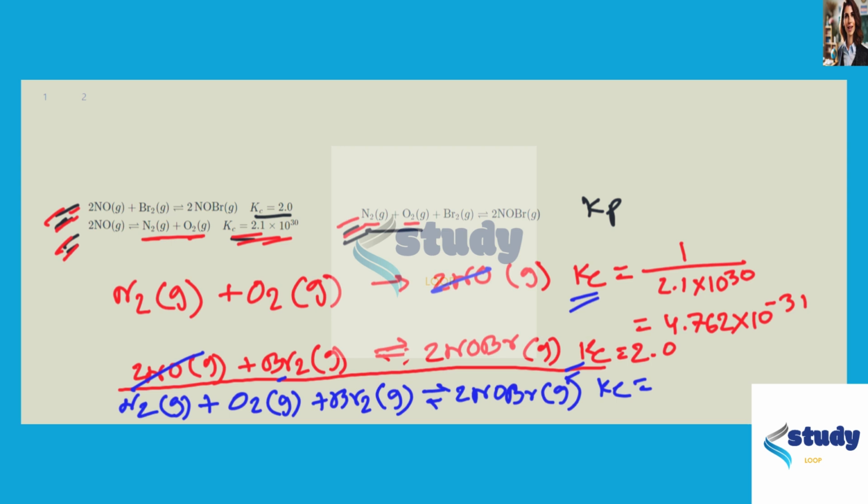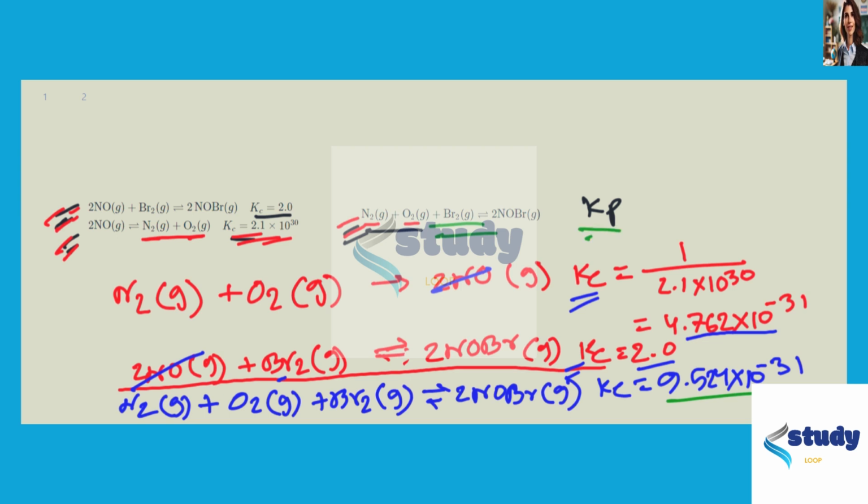As we know, the equilibrium constant of a reaction which is the sum of a few other reactions is basically the product of the Kc values of those reactions. So it will be this value times 2, and this will give us a value of 9.524 times 10 to the power minus 31. So this is the Kc value for this reaction.